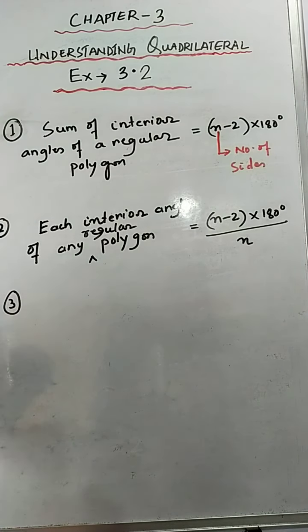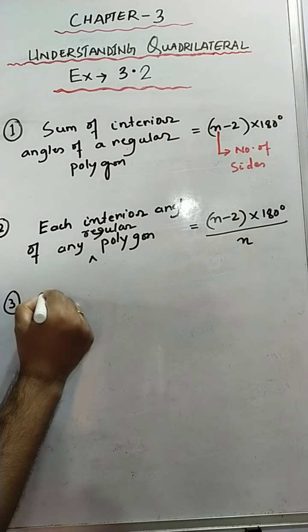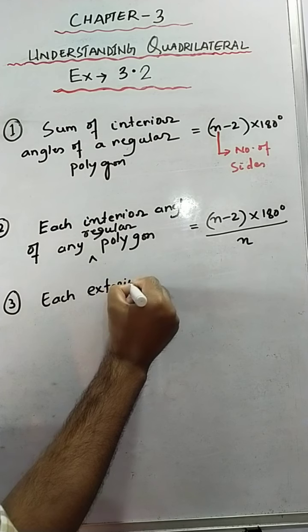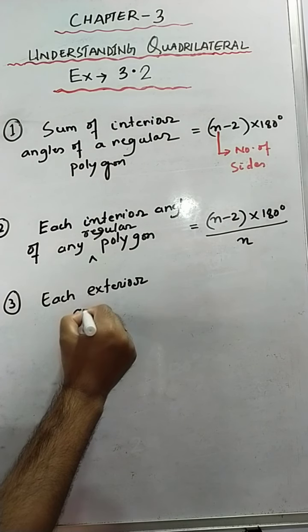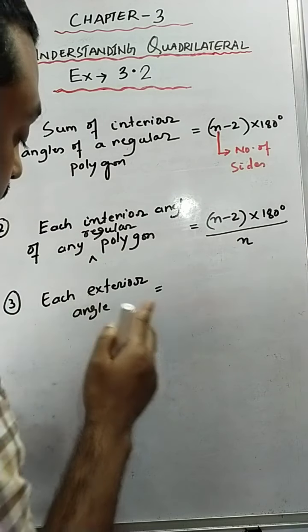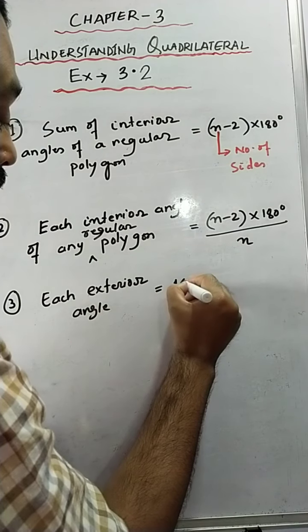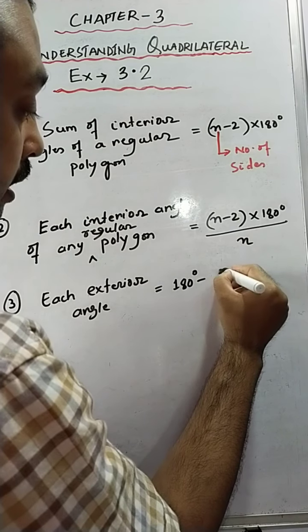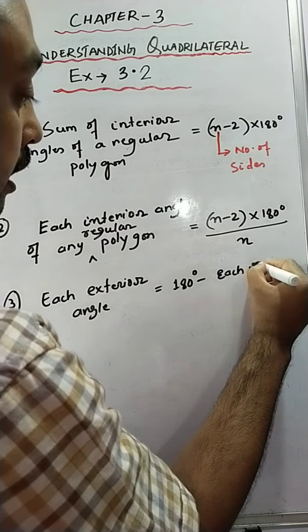Now, how to get the value of each exterior angle? Each exterior angle, we have two formulas. One is 180 degree minus each interior angle.